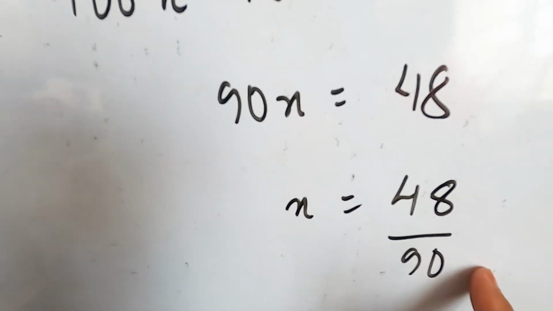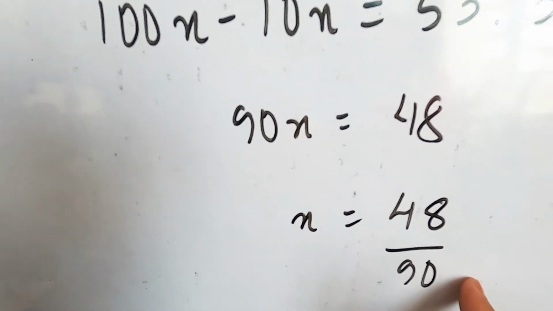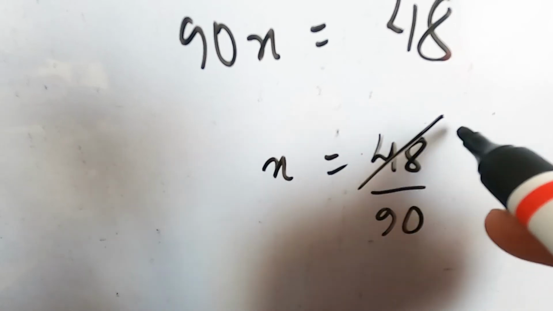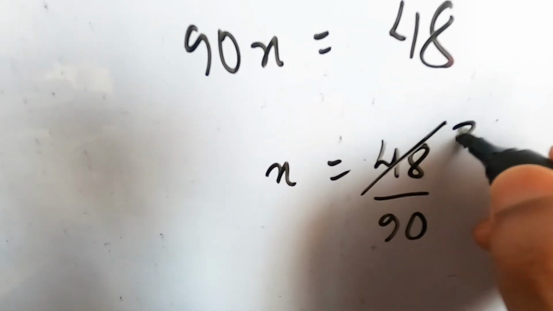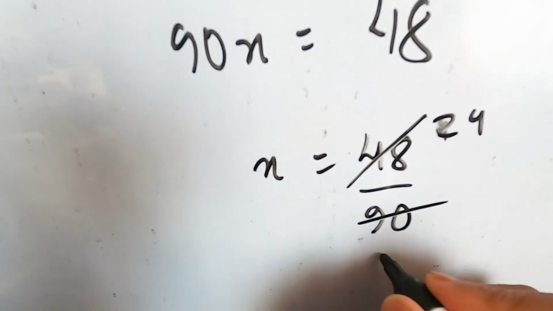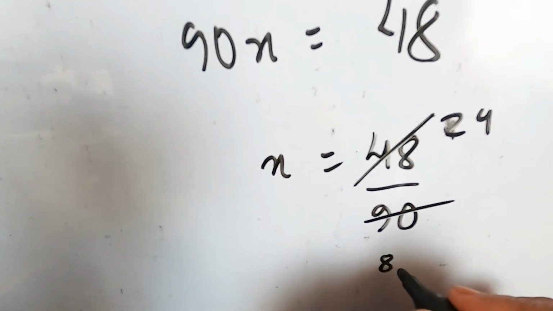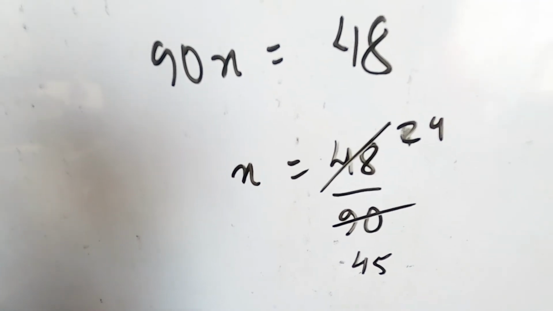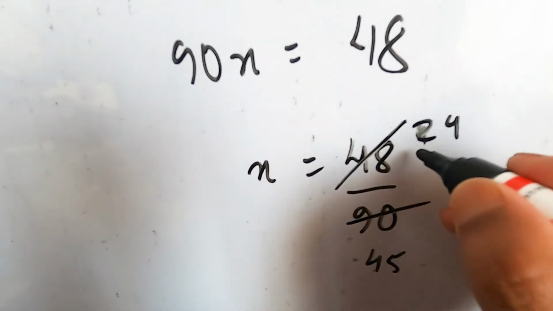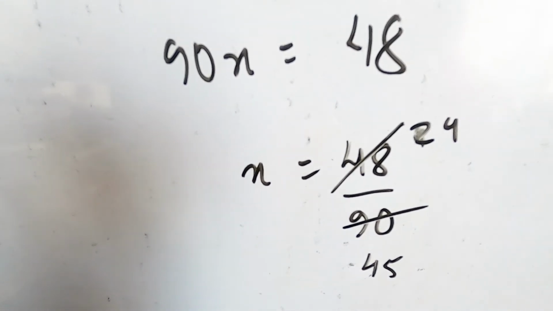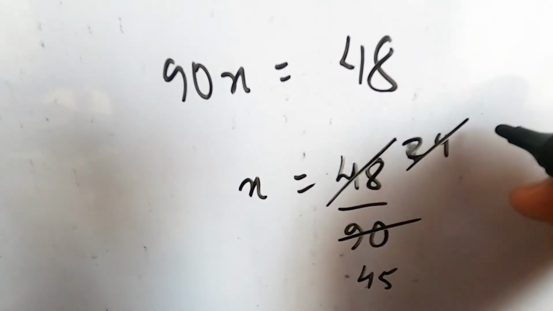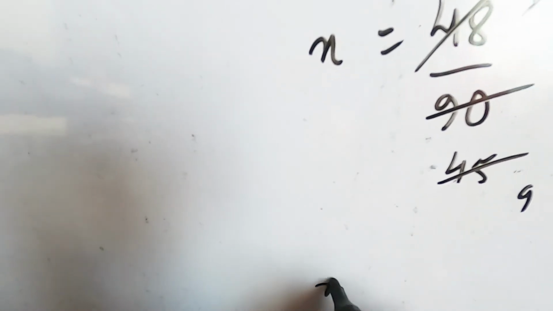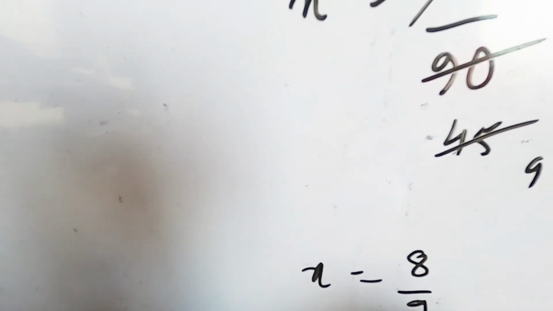Let us reduce this to the lowest term. When we divide by 2, 2 fours are 8, so 48 becomes 24, and 90 becomes 45. Then let us try by 2 again. No, by 2 is not possible, so by 3. 3 eights are 24, and 3 fifteens are 45. So x is equal to 8 by 15.